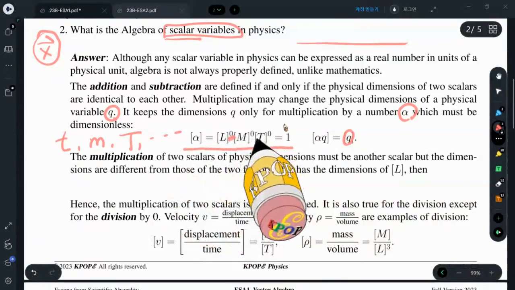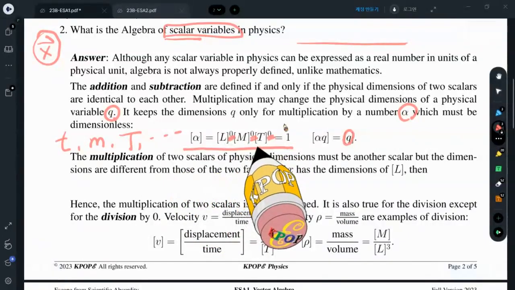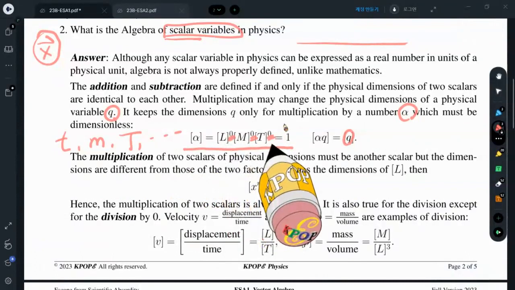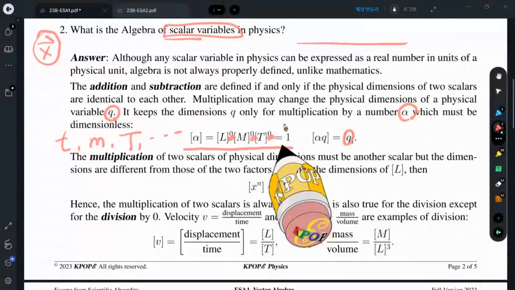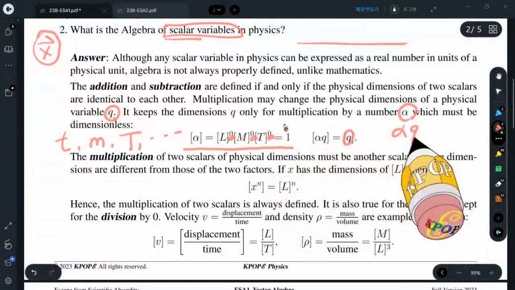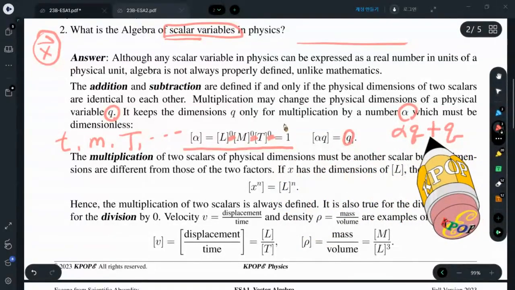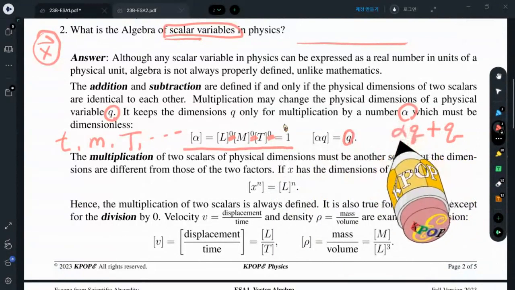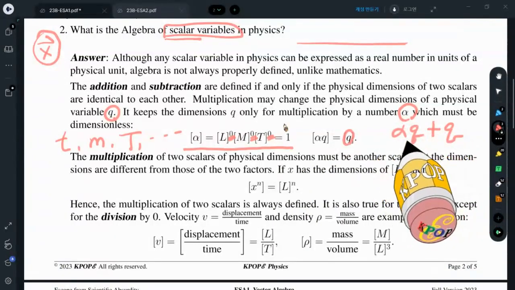Pure number means any powers of length, mass, time are missing. So it is one, that means dimensionless. Only if it is dimensionless, alpha q and q can be added. If this one has a dimension, we cannot add them up.